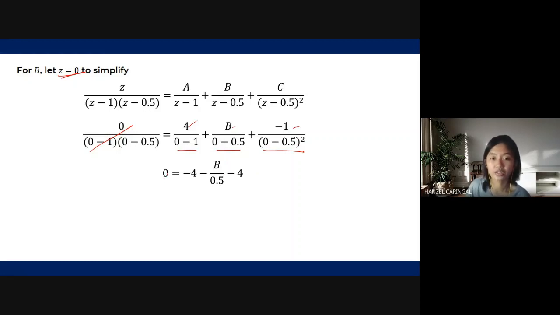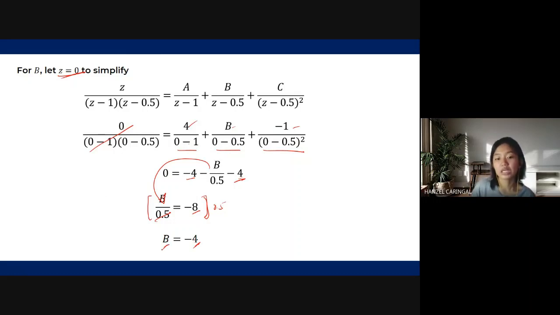So we get 4 over negative 1, which is negative 4, plus B over negative 0.5, plus negative 1 over negative 0.5 squared, which is negative 4. Transposing, negative 4 plus negative 4 is negative 8, then multiplying by 0.5, negative 8 times 0.5 is negative 4. So our B is negative 4.